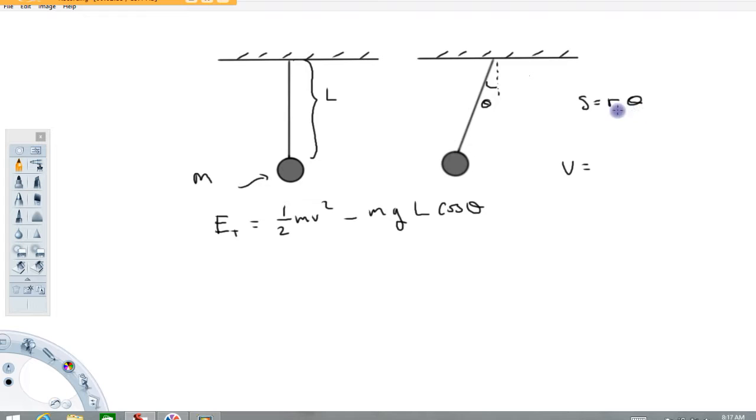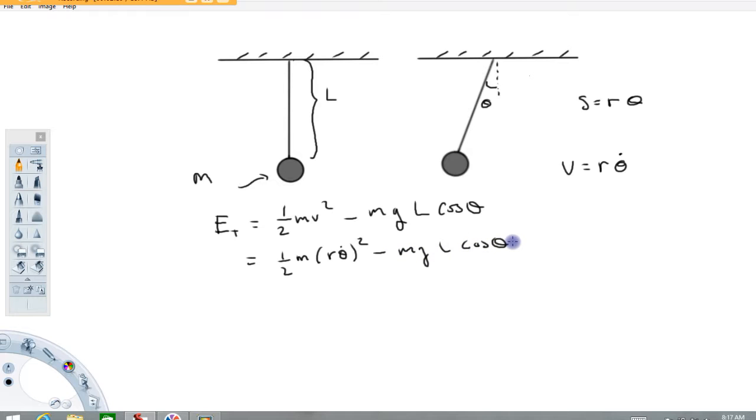When we differentiate, this is going to be s dot, the speed that I'm calling v, which is equal to r times theta dot, if r is fixed. So this kinetic energy term we can write as 1/2 m r times theta dot squared, and then minus mgl cosine theta.